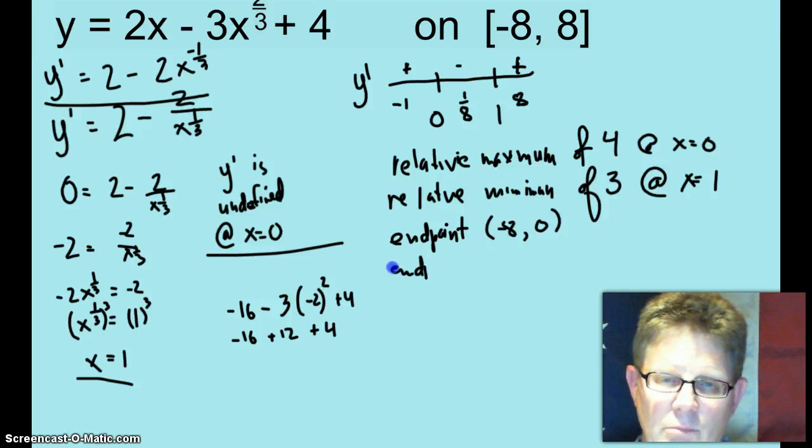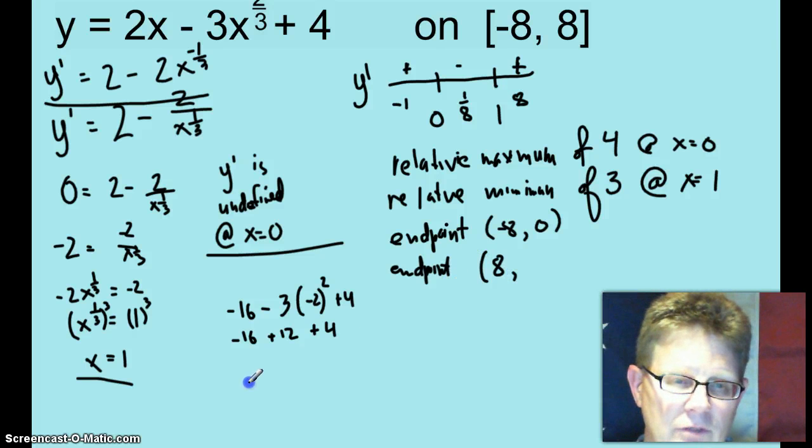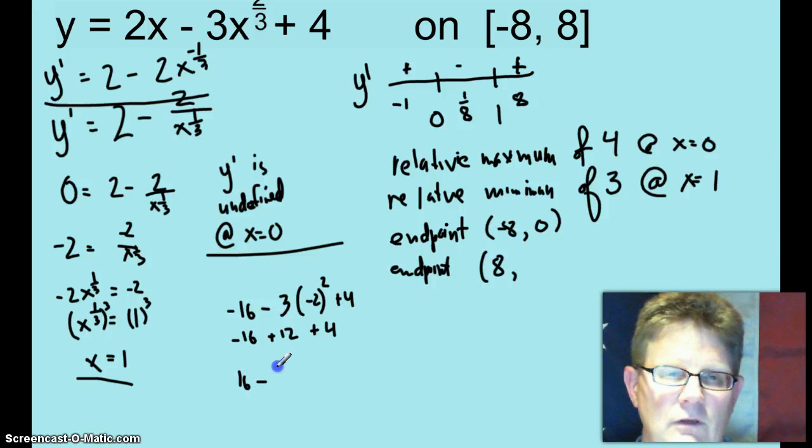And we have another endpoint at 8. What's the y value? Put that back into the original. 16 minus 3 times 2 squared plus 4. So 18 minus 12 is 6.